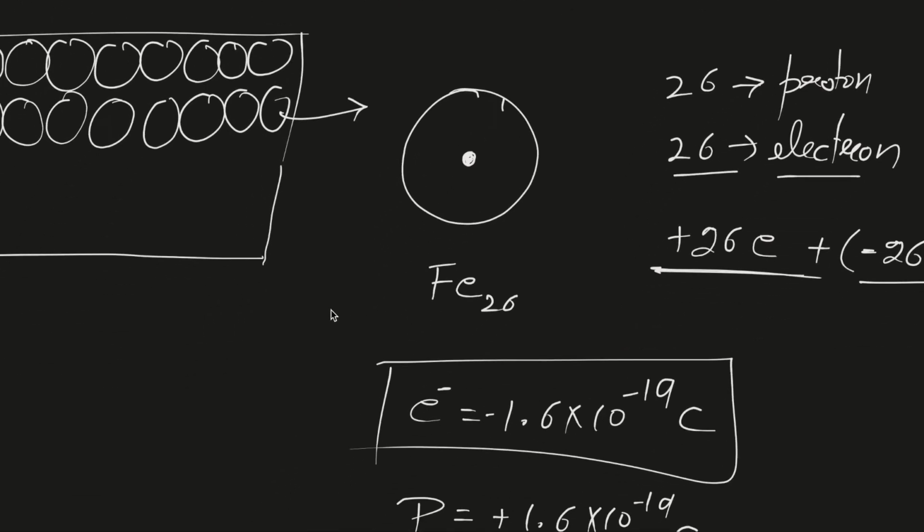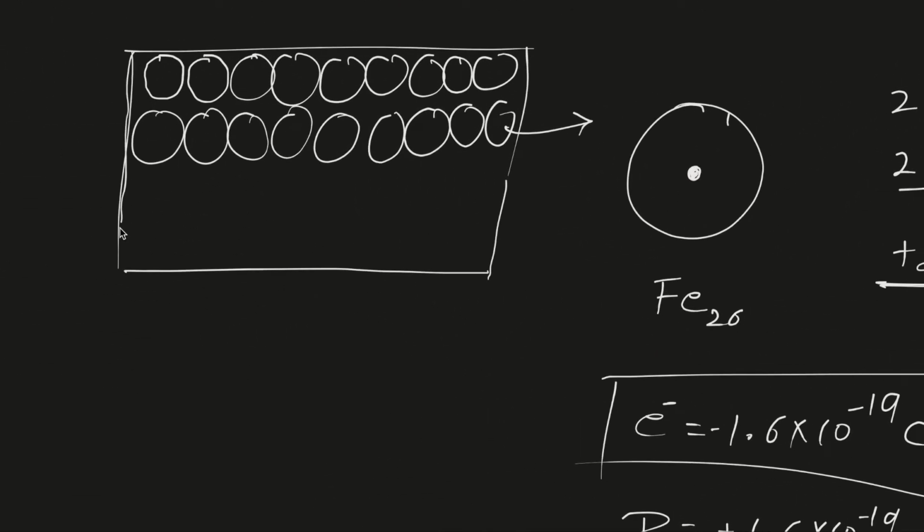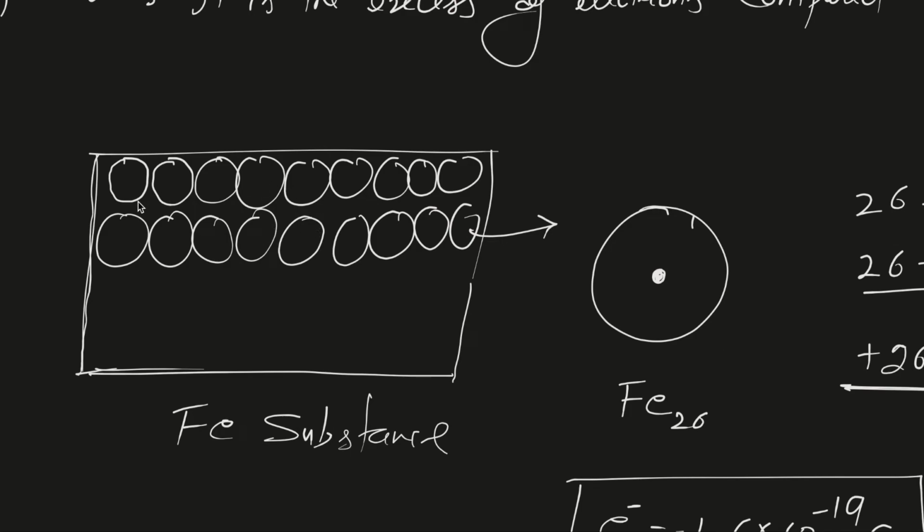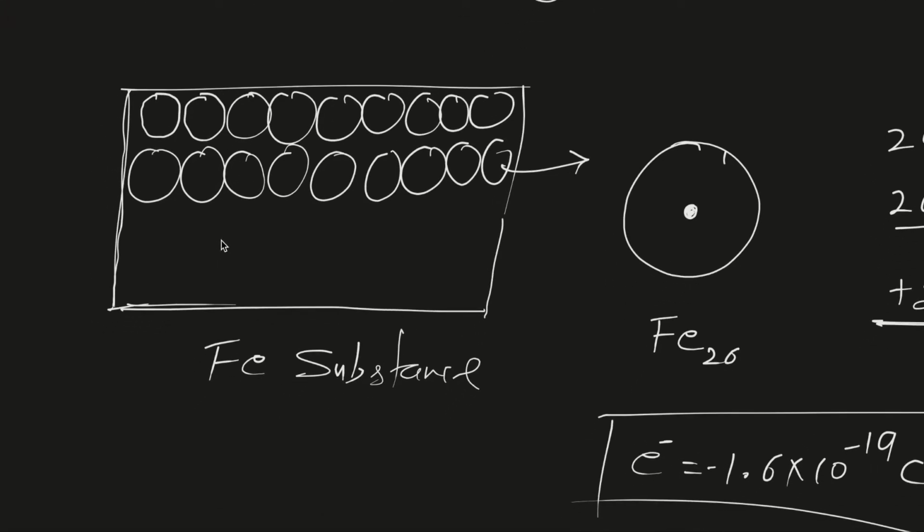So this building block, I have taken Fe, any substance, the whole substance is neutral, because the single atoms are neutral and the substance is made up of a number of atoms. And it means this Fe material as a whole is neutral.